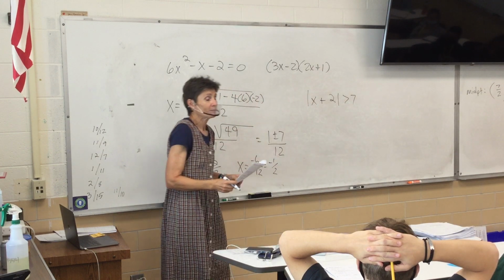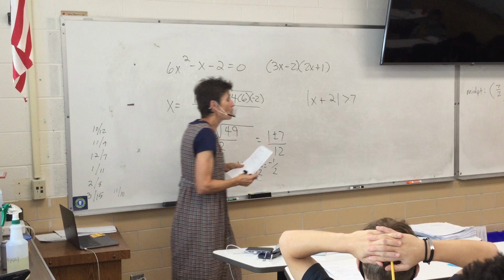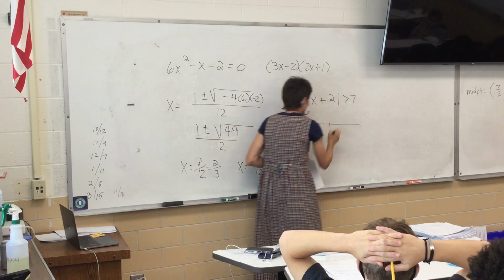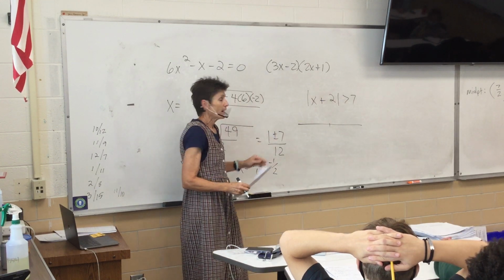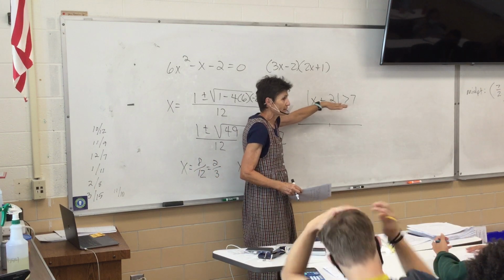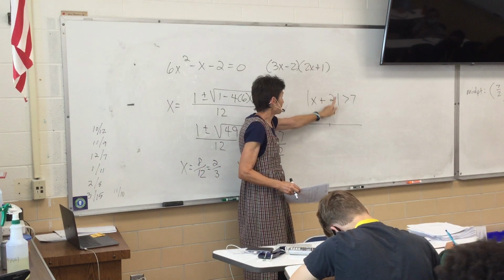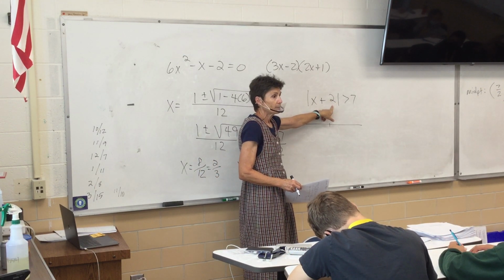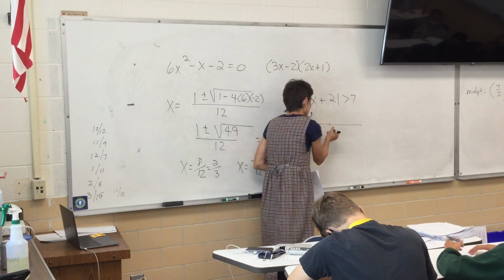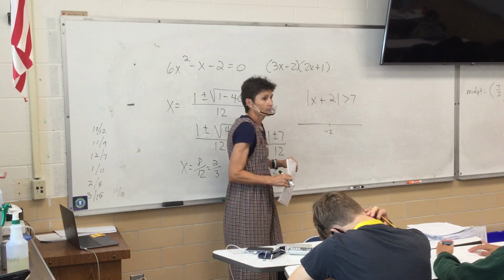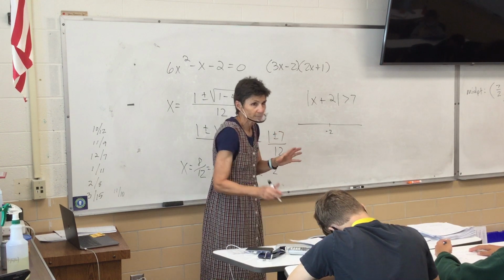All right, what do I do here? Again, you do it however you want. I'm going to do it on the number line. And right in the middle of the number line, I'm going to put the opposite of the middle number in the problem. So the middle number in the problem is plus 2, so I'm going to put negative 2 here. That's my starting point.